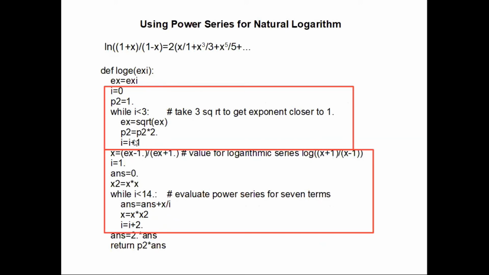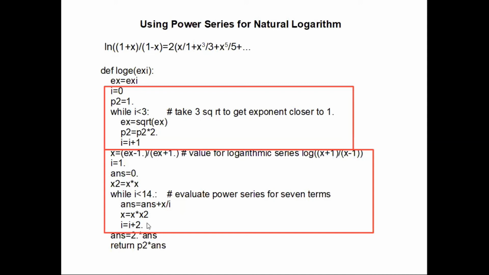Okay, so now we go through, find out what x corresponds to, so that x will give us e^x back again. And then we go through and we do the power series. This time we don't have factorials in there. So you'll notice that we're not dividing x, we're just dividing the x factor each time.